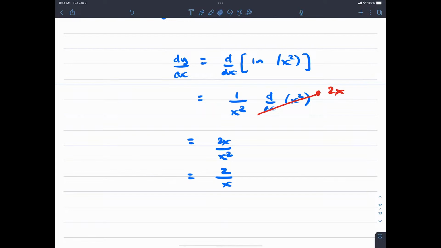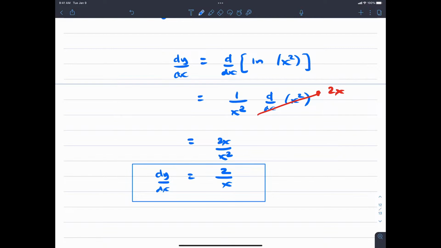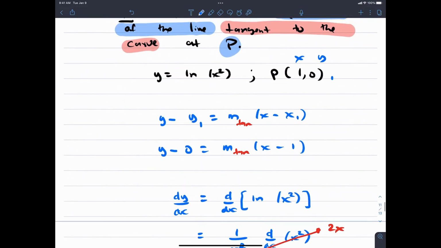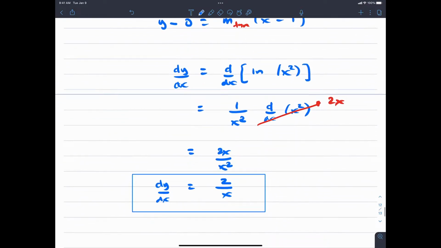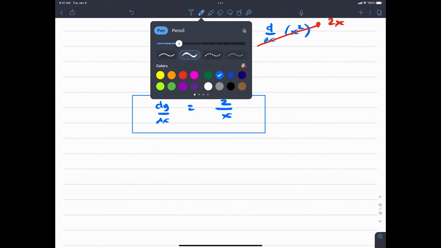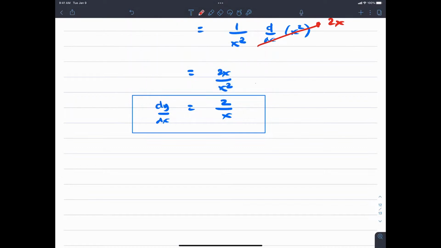Now, that's the derivative here. So we can say, okay, that's dy dx using the formulas that we derived. But we have to evaluate that at what? (1, 0). Is that right? So for m tangent, evaluating that at (1, 0), that's the point, that's really x is 1.